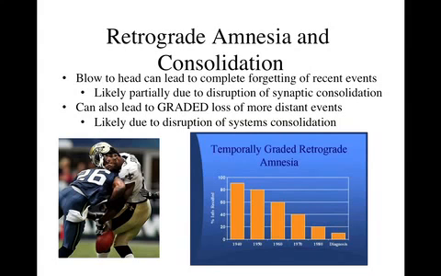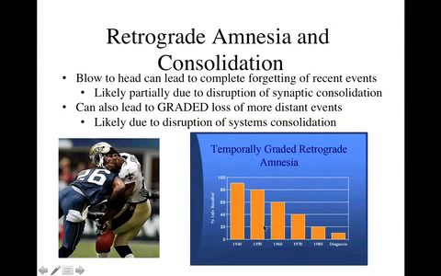If somebody has a car accident, they often forget almost all the information immediately before it and quite a bit from earlier in the day. If it's unfortunately a very serious accident, the retrograde amnesia could go back decades. And it's graded: the further away you get from the event, the better the memory may be.